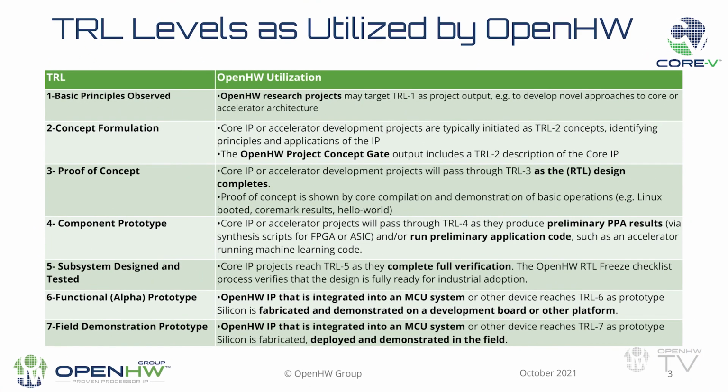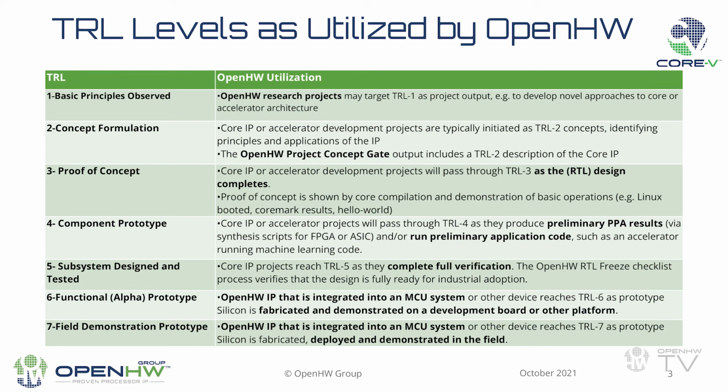You will also need to know that we use the TRL ladder to express the maturity of our cores. So the low TRLs start with research, and the highest TRL means production, full production. There are three sweet spots with our cores.